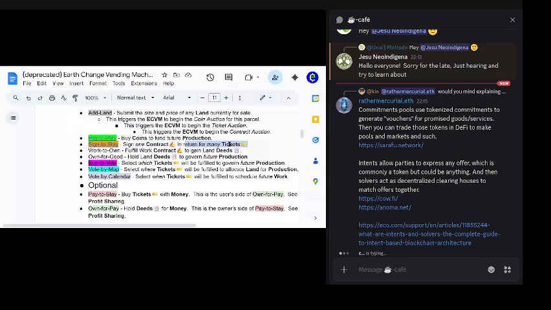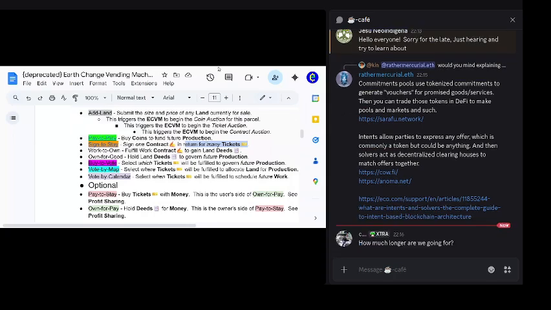The bundle of tickets idea is part of resolving the confusion that Rather Mercurial was mentioning with the commitment pools, where there's just a big pile of stuff in there and you're not really sure what's going on.